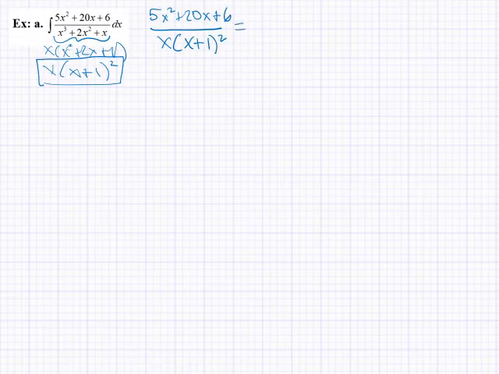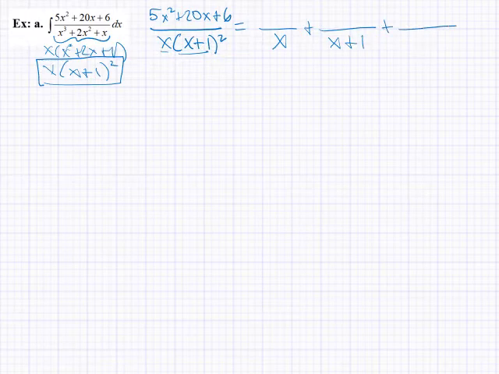So that tells me, based off of these denominators, that one denominator should just be x. Another denominator should be x plus 1. And the final one should be (x plus 1) squared. Now this is the one that always messes people up. And what's the reason why we have these denominators?